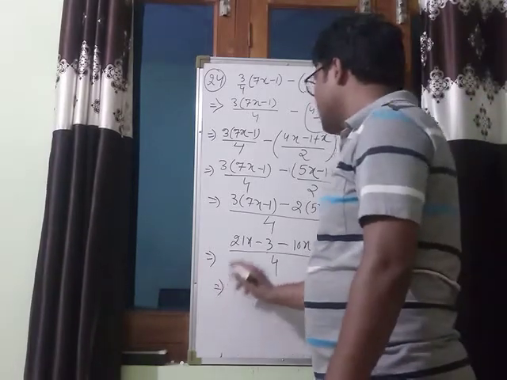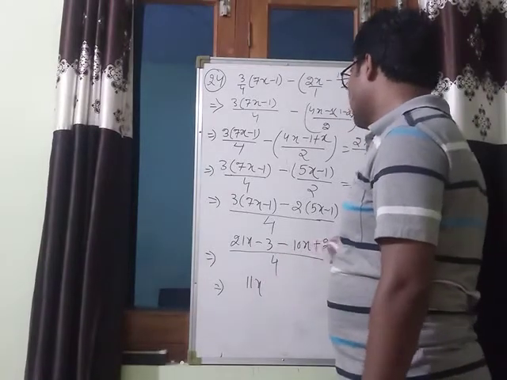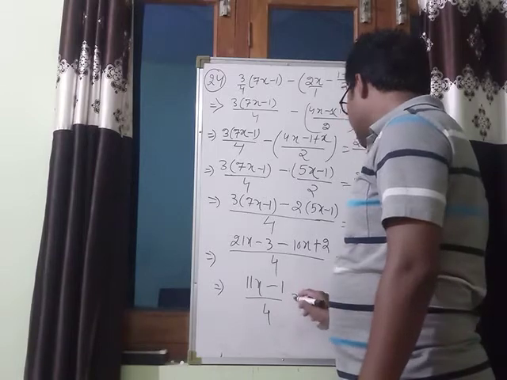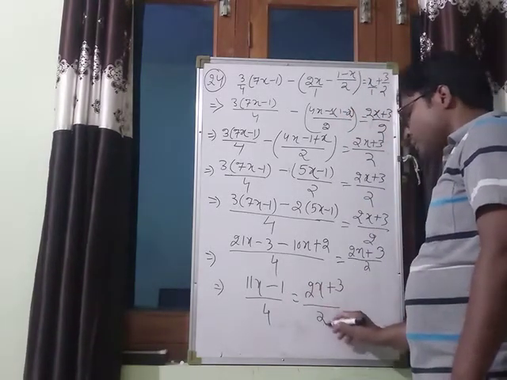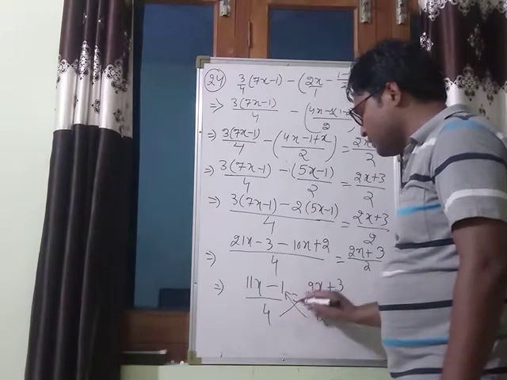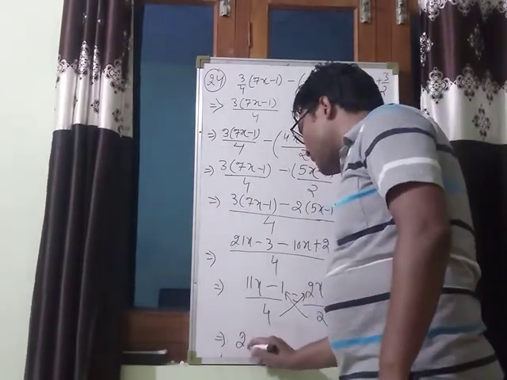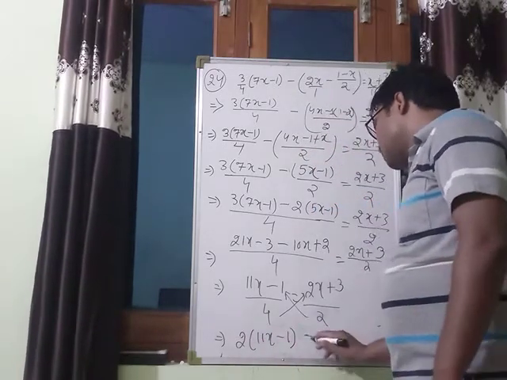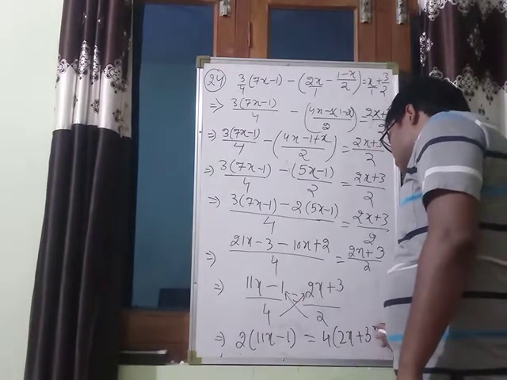So it will become 21x minus 10x, that is 11x, and minus 3 plus 2, that is minus 1 upon 4, equal to (2x plus 3) upon 2. Now doing the cross multiplication. What do we have? We have 2 times (11x minus 1) equal to 4 times (2x plus 3).